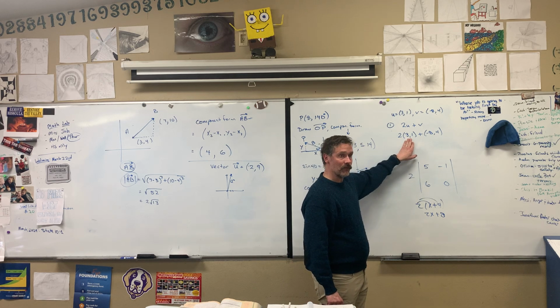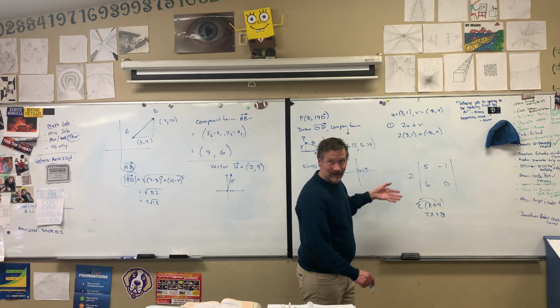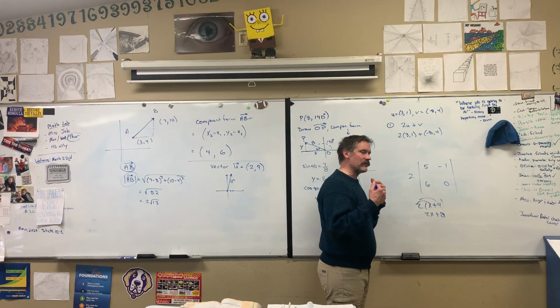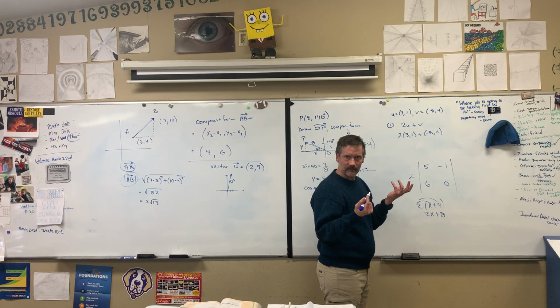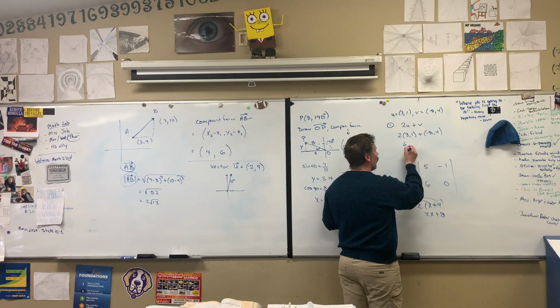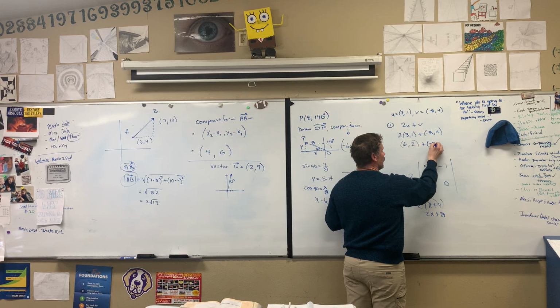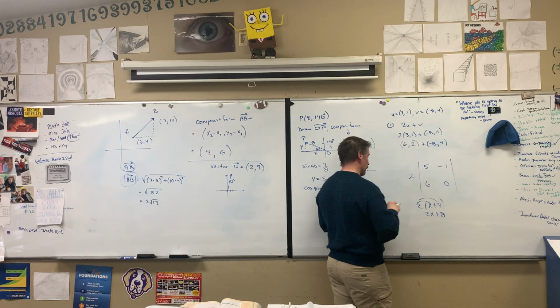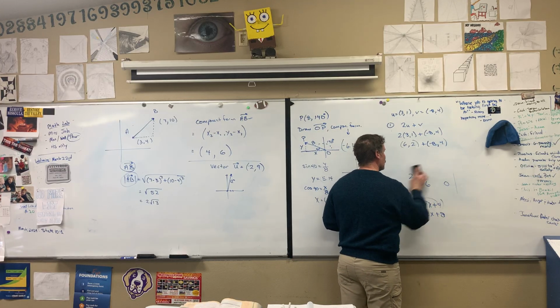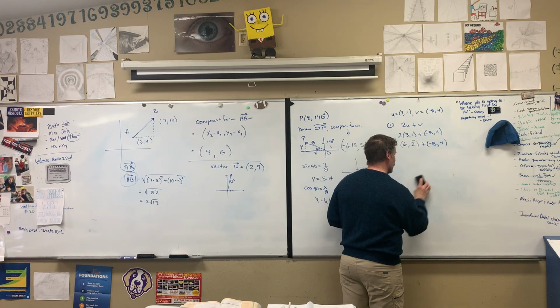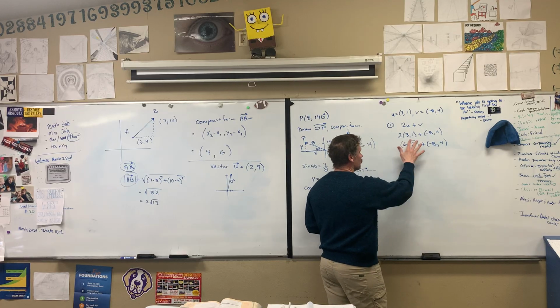This is a component form, but the 2 is going to go into it. So just tell yourself, I'm simply doing a distribution. The book will call it scalar multiplication, but I'm getting out 6 comma 2 plus a negative 8 comma 4. So that's our scalar multiplication.